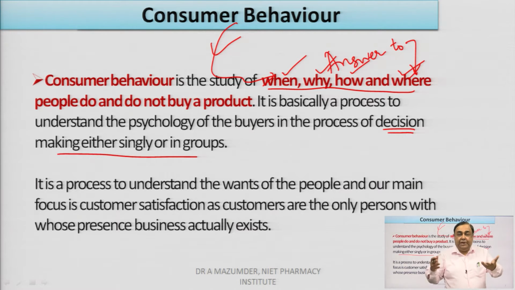It may be a leader, it may be an artist, it may be any individual whom they try to imitate. So, the decision about which product to go for sometimes comes singly, that is, he alone takes a decision, and sometimes he takes a decision in discussion with a group.